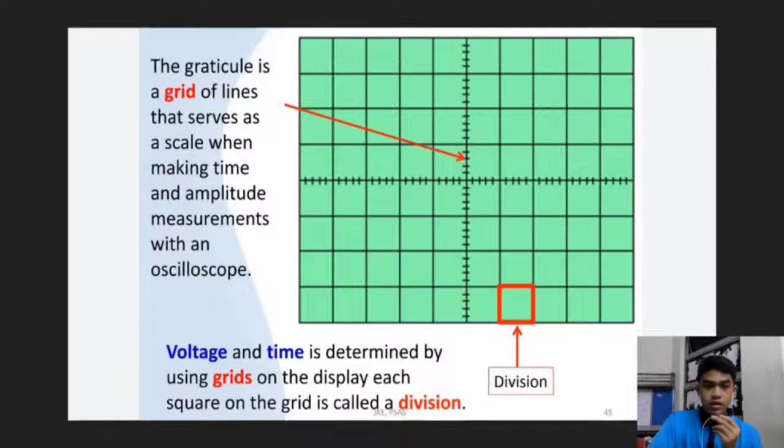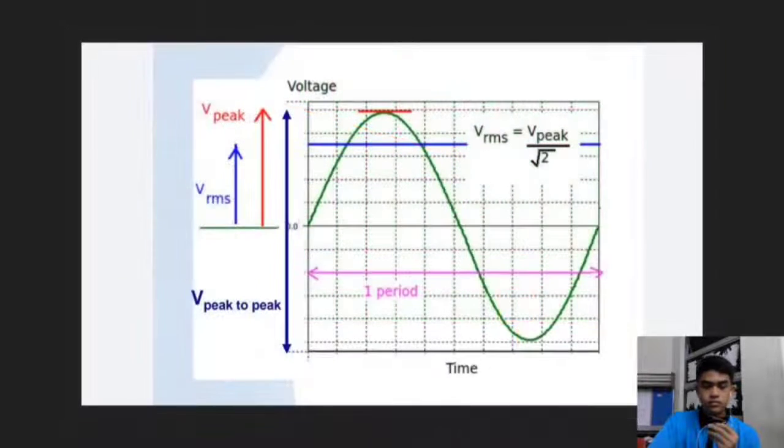You can see here on the oscilloscope screen, the graticule is a grid of lines that serve as a scale when making time and amplitude measurements with an oscilloscope. Voltage and time are determined by using the grids on the display. Each square on the grid is called a division. You can see what I mean in this example.